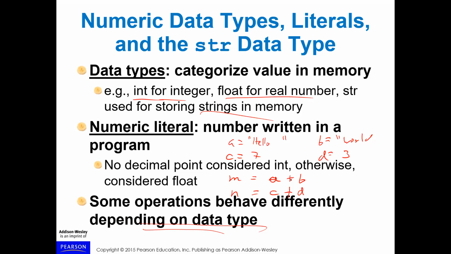So I'm going to concatenate A and B to produce hello world. Whereas in N, the plus sign actually performs the math operation, so N is going to be 7 plus 3, which is 10. That's what it means when it says some operations behave differently depending on the data type.